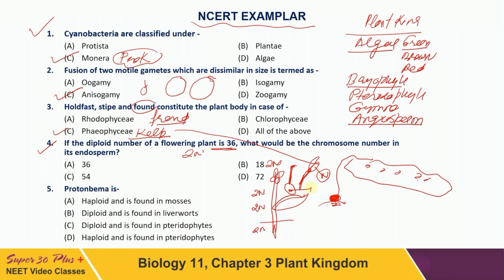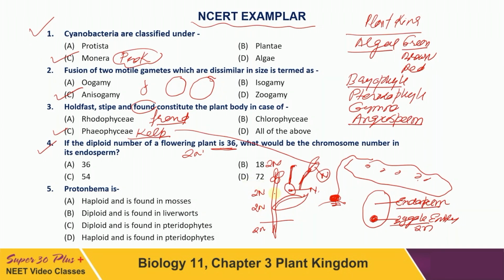The egg inside also has n number of chromosomes. And you must be remembering that the zygote will be formed. This is the zygote. The zygote will develop into the embryo. It has 2n number of chromosomes, and the endosperm has 3n number of chromosomes. Is it right?